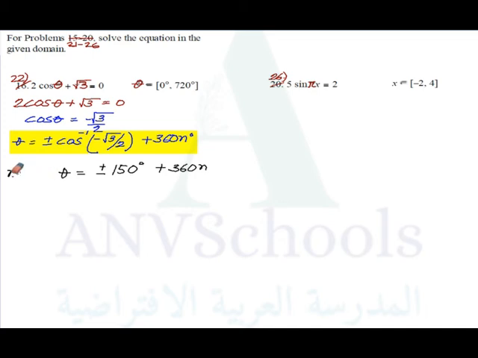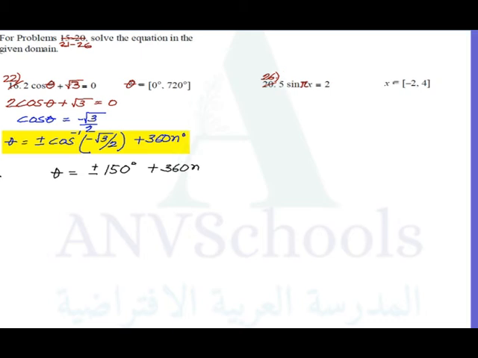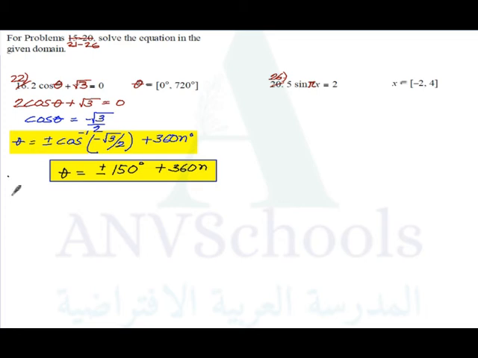Let's say this is the general form of the solution. So n is equal to 0, then we will have positive or negative 150 degrees. But negative is not included, so theta 1 is 150 degrees.